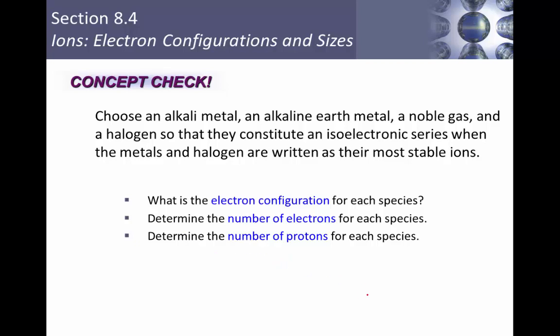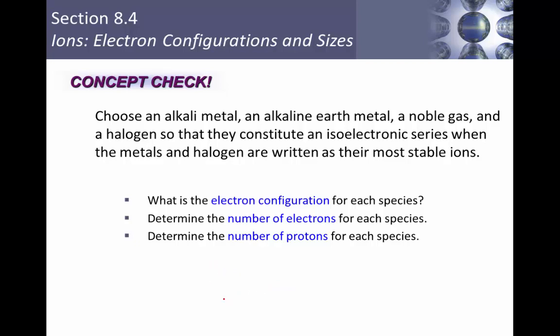So here's kind of a concept check to let you see if you're understanding this idea. You're supposed to try and create another isoelectronic series. They tell us to choose an alkali metal, an alkaline earth metal, a noble gas, and a halogen, right?